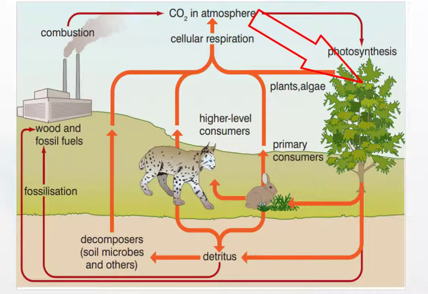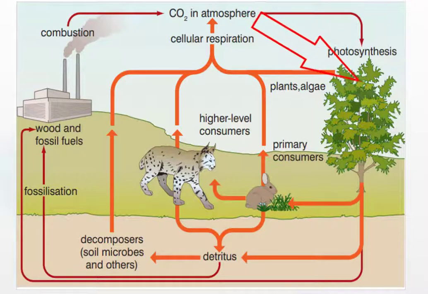So producers absorb carbon dioxide from the atmosphere or water and use photosynthesis to convert this carbon dioxide into complex carbohydrates and hence to lipids, nucleic acids, vitamins, and other organic molecules.